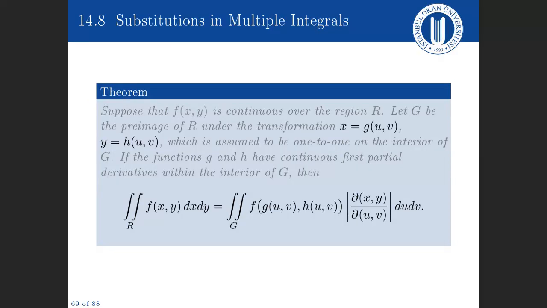Let me emphasize this. The double integral over a region R of a function f of x and y dx dy is the same as the double integral over a different region G of f of g of u and v, h of u and v, multiplied by the absolute value of the Jacobian du dv.